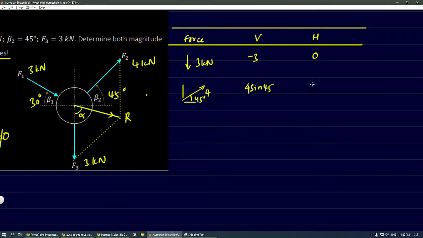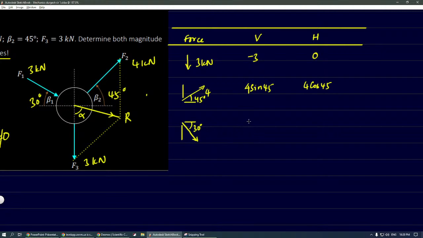And horizontal is 4 cos 45. 4 cos 45 positive again. Then the next force is acting downwards, and this angle is with horizontal, right? Yes, sir.